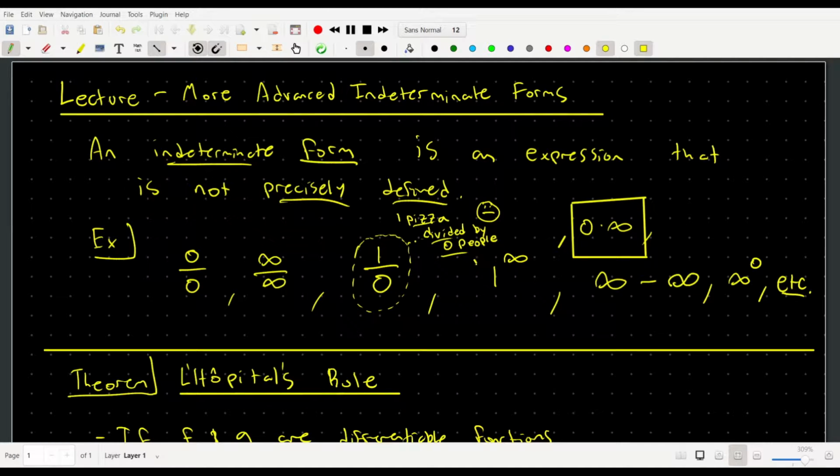And then we're going to consider indeterminate forms of the type 1 to the infinity, and so on and so forth. We'll also consider indeterminate forms of the type infinity minus infinity later on in the lecture as well. And we'll see how to also cover indeterminate forms of the type infinity to the 0.